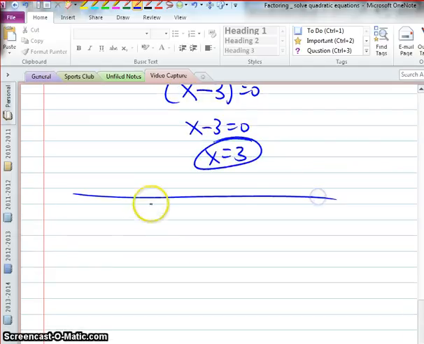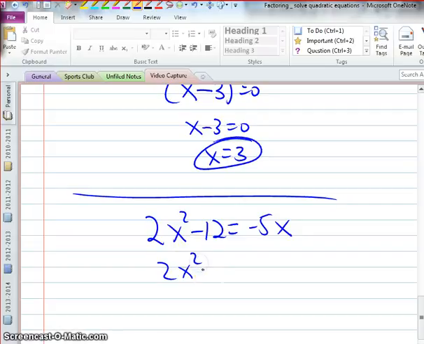What if we see an equation that looks like 2x squared minus 12 equals negative 5x? The key is we don't have 0 on one side of the equation, so we can't use the zero product principle yet. We're going to have to bring that 5x to the other side by adding 5x to both sides.